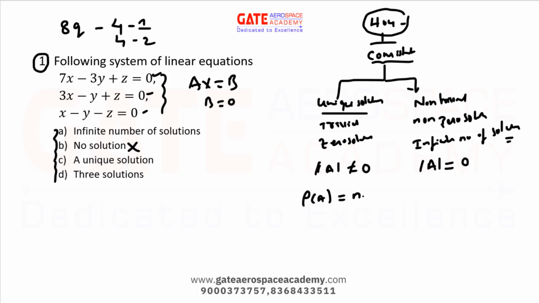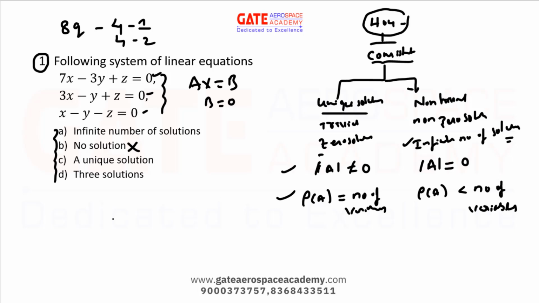If the rank is equal to the number of variables, then the system will have only the zero solution. If the rank of A is less than the number of variables, then the system will have infinite number of solutions. So we can solve this question in both ways. Let's try with the determinant first, then we will move to the second method.